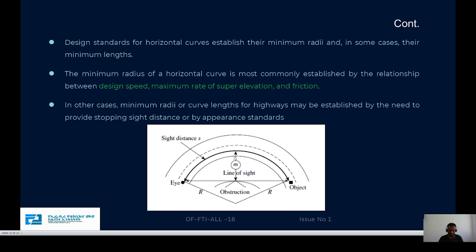We also deal with sight distances. There is the driver's eye, entering the horizontal curve where it is free, so we can see in this distance. This is r, this is r, and this one is the sight distance.